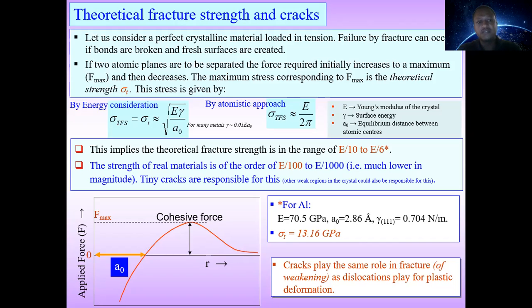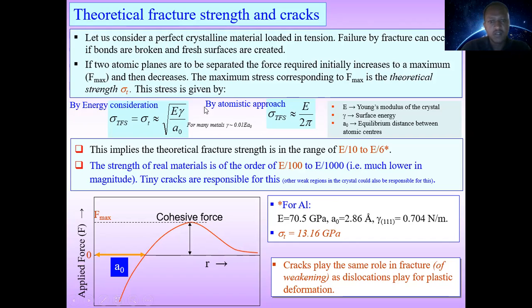This stress is given by the formula sigma TFS, which indicates theoretical fracture strength, which equals sigma T, the theoretical strength, approximately equal to the square root of E gamma over a naught.